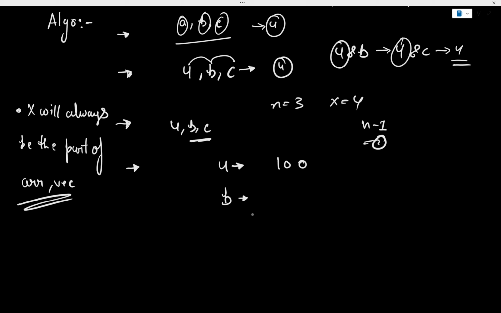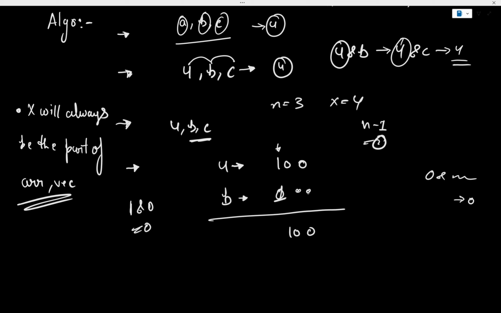At the end we want to preserve this. So in b, what should be in this position? We can't have 0, because 1 AND 0 is 0. So we have to have 1. But over here we can have whatever we want, because 0 will be propagated. 0 AND anything is 0.